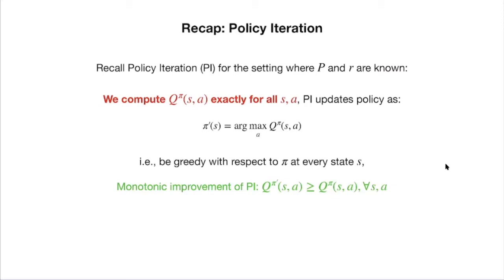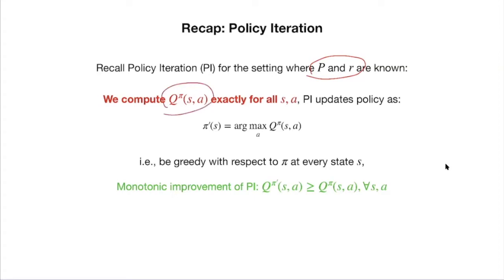Thanks. Great. So let's recap policy iteration. Policy iteration is an algorithm that computes the optimal policy for a given Markov decision process, if we know the transition matrix P and the reward function R. The way that we compute this is an iterative procedure where in every iteration, given the current policy pi that we have, we compute the current policy's Q value.